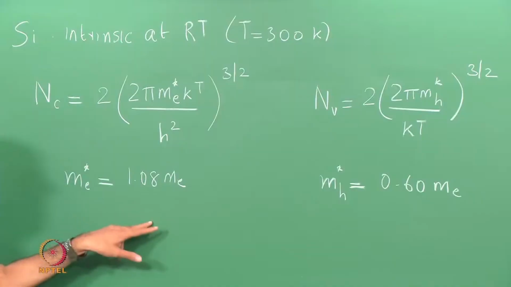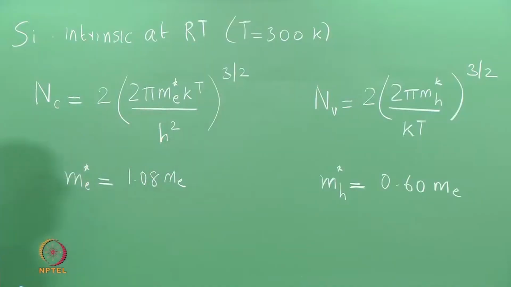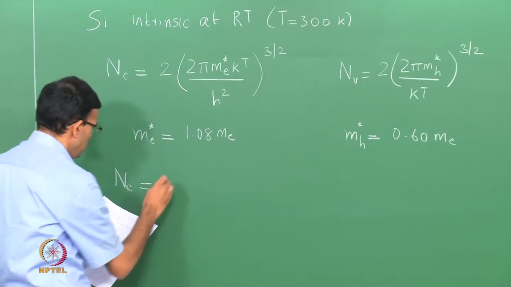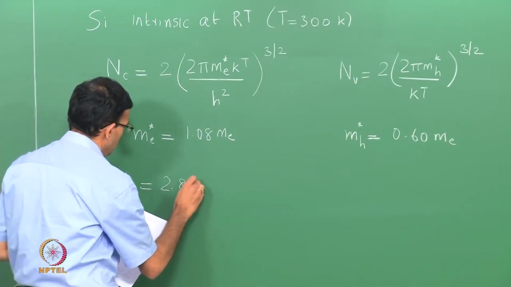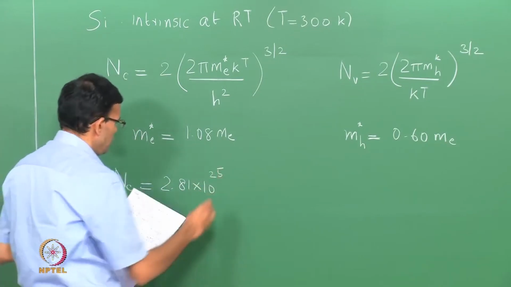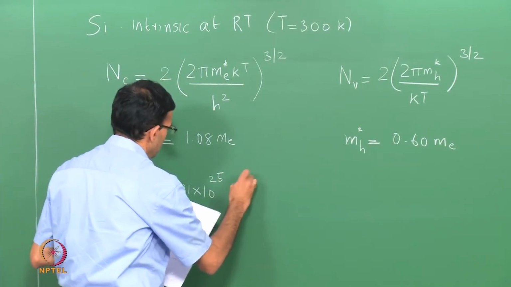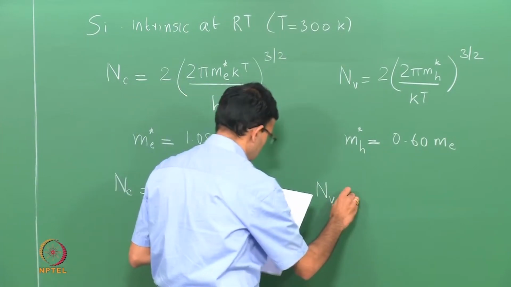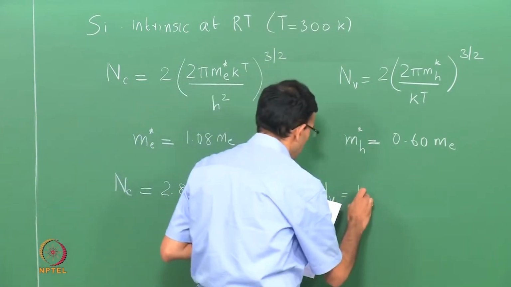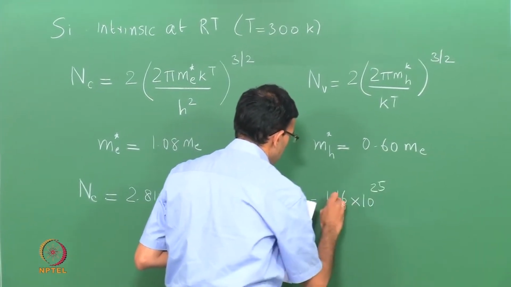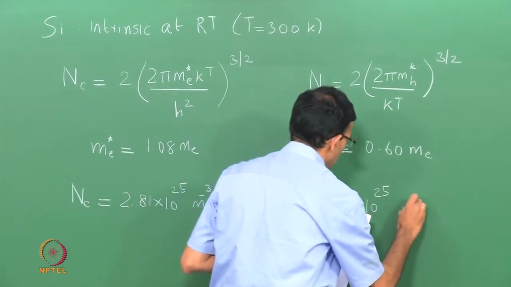If you substitute these numbers in here and also put in the values of the constants, Nc turns out to be 2.81 times 10 to the 25 per meter cube, and then Nv is 1.16 times 10 to the 25 per meter cube.